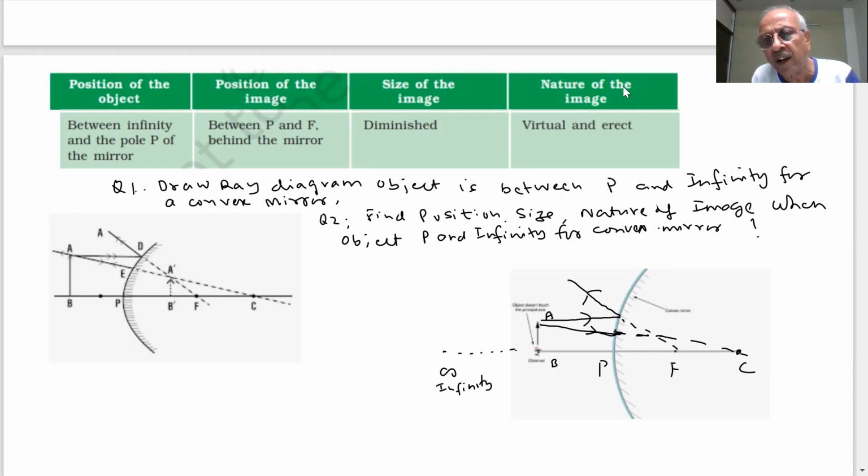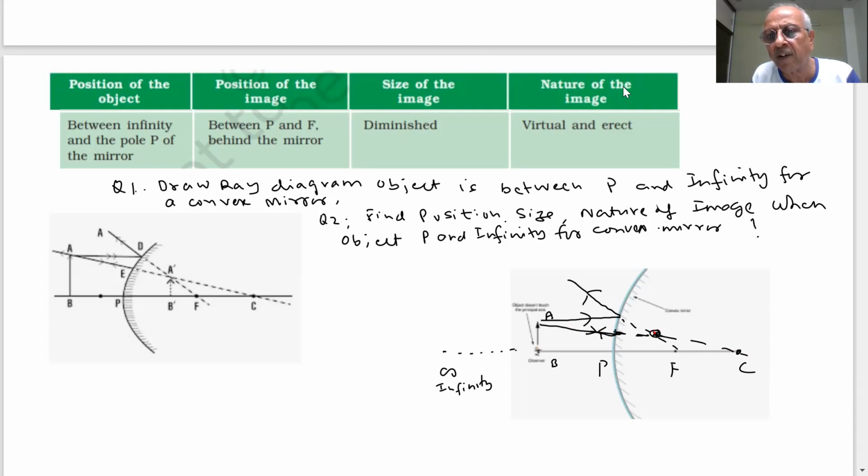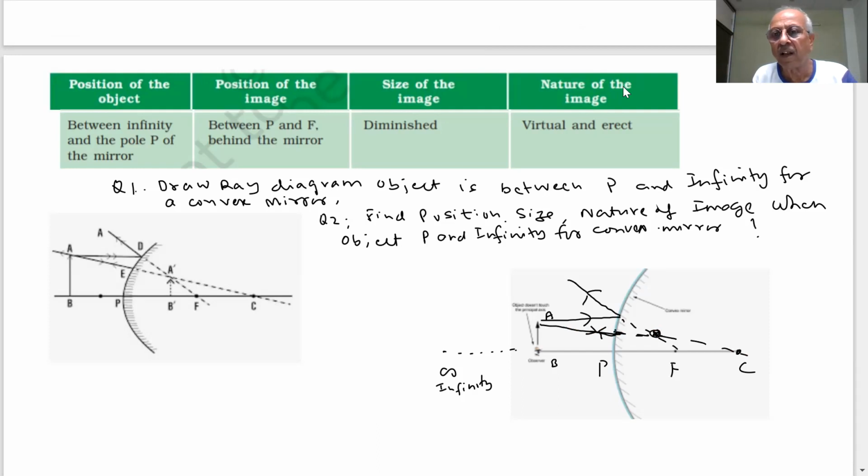It is reflected back along the same line. Is it clear? Where are they intersecting? This is the point of intersection. Tell me yes or no. Behind the mirror. And student, this is the image.